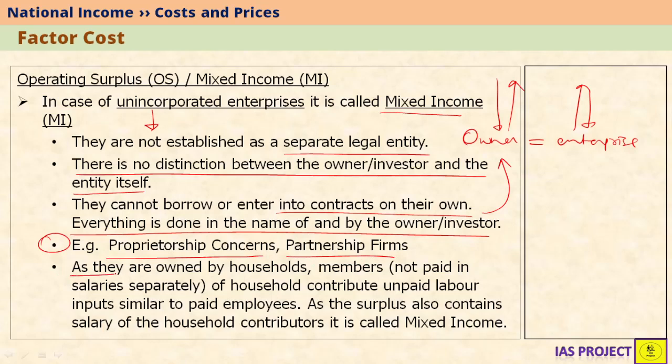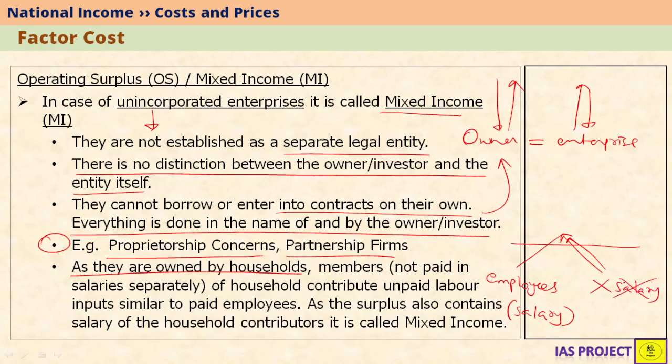As unincorporated enterprises are owned by households, in most of them there are two kinds of labor being provided. One is from employees or outside employees who get a salary or a wage. Also, there are members from within the household who are working for the enterprise. They are giving their labor, but they are not receiving a salary.